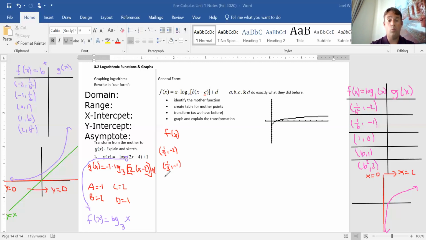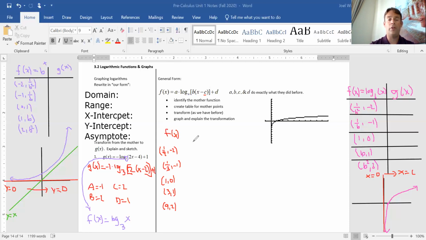We're going to have 1 and 0. We'll have 3 and 1. And then last and certainly not least, we'll have 9 and we'll have 2. So that's going to be our information.